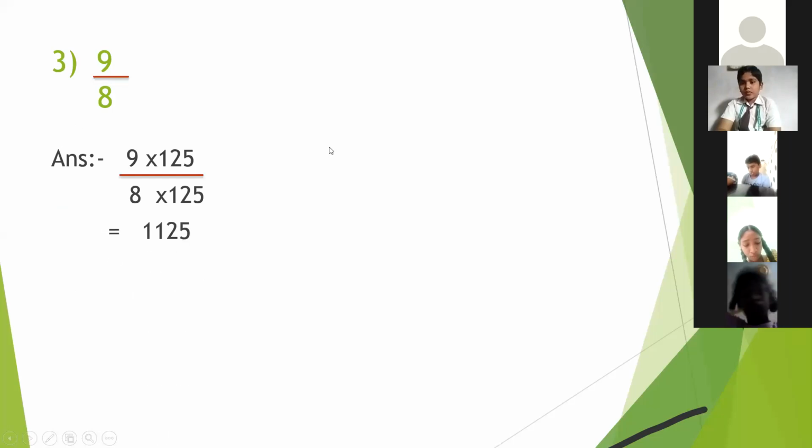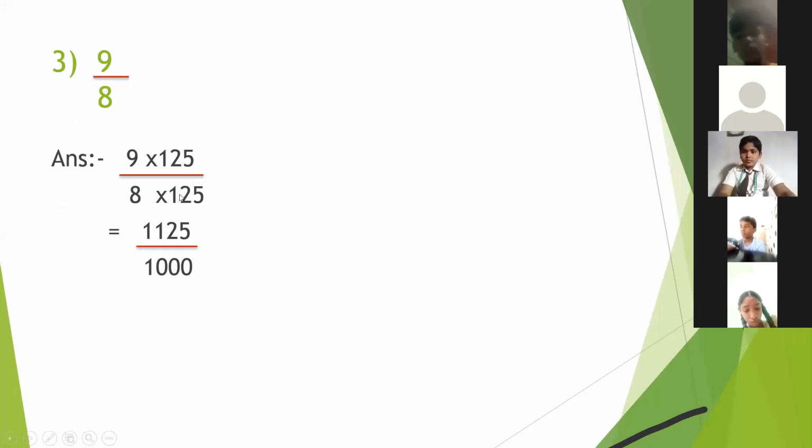In the same way, you will solve this question also. If you multiply this 8 by 125, you will get 1000. You have to convert the number into tens form, hundreds form, or 1000 form. So you will think by what number I will multiply the given number in denominator to get tens, hundreds, thousands form.